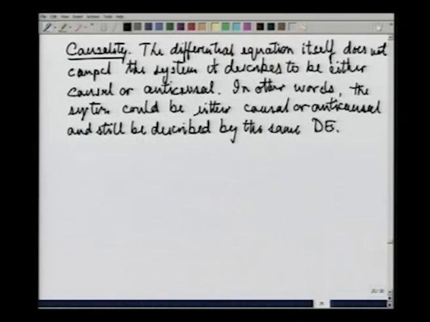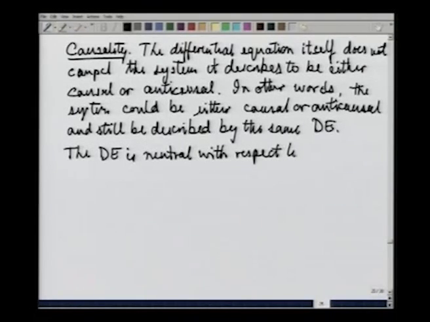The appearance of the differential equation is neutral with respect to the direction of time.